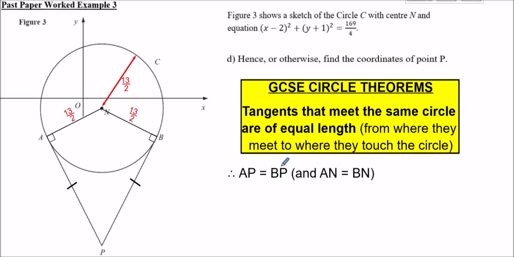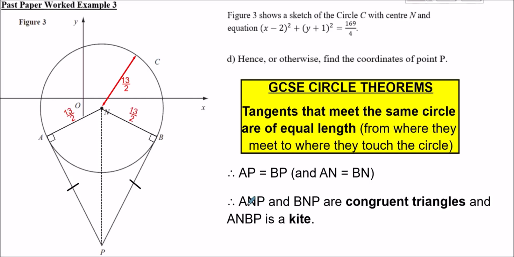So ANP and BNP are congruent triangles, and if you put two congruent triangles together, and the line of symmetry is where they join, then it makes a kite. And so ANBP is a kite.